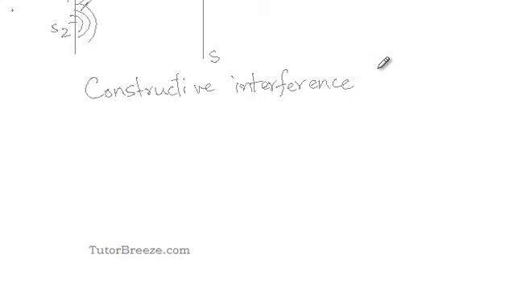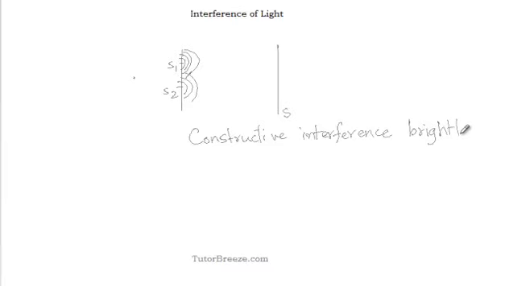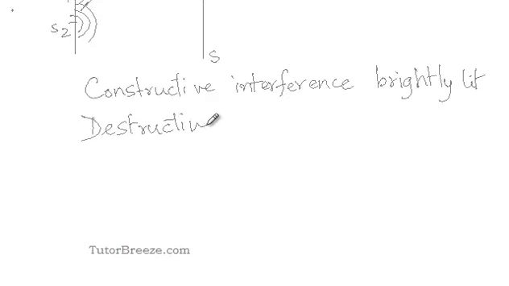So the screen is brightly lit at a point where the waves interfere constructively, and at points where the interference is destructive, which means that the waves are cancelling out each other, at that point the screen is dark.